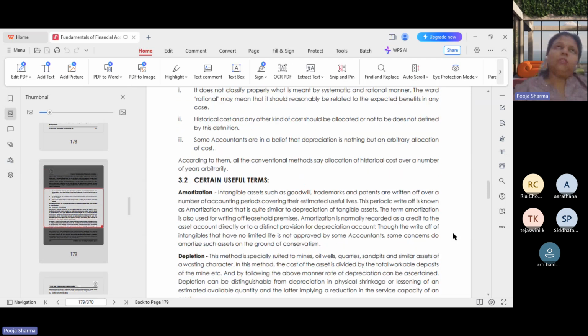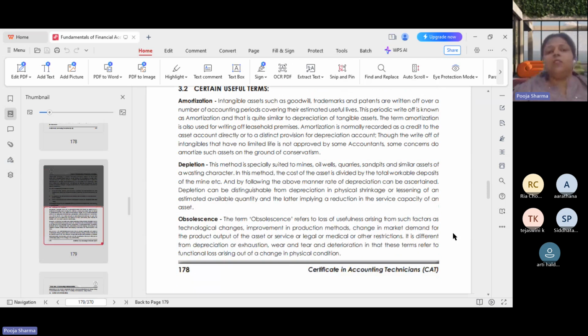Amortization. What is amortization? Amortization is related to intangible assets. It may be goodwill, copyright, patent. The amortization is just similar to depreciation. We will write off their cost, but in a different way. Like the same method, we will allocate it over its useful life, but not for tangible assets. It is used for intangible assets.